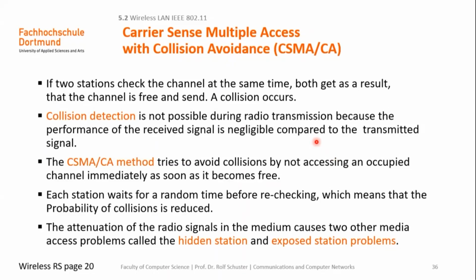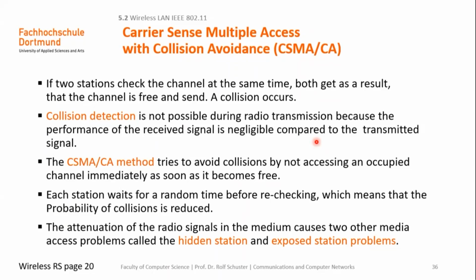The slight difference compared with Ethernet technologies is that in this case we don't use collision detection but collision avoidance. If two stations check the channel at the same time, for instance, the check is performed listening if there is some signal that is transmitted over the channel, typically the carrier signal.